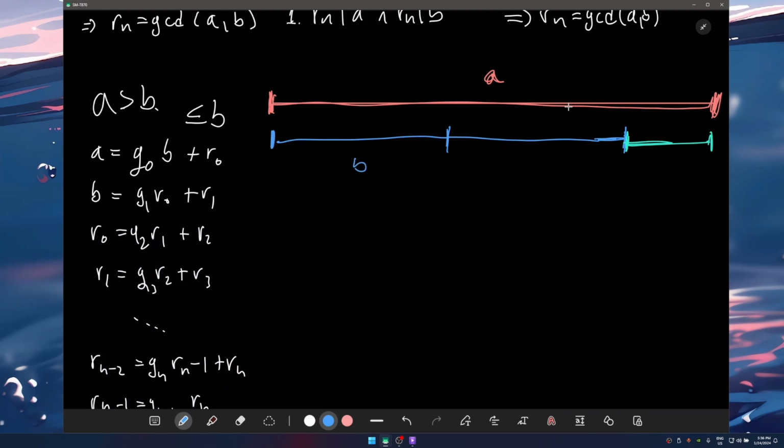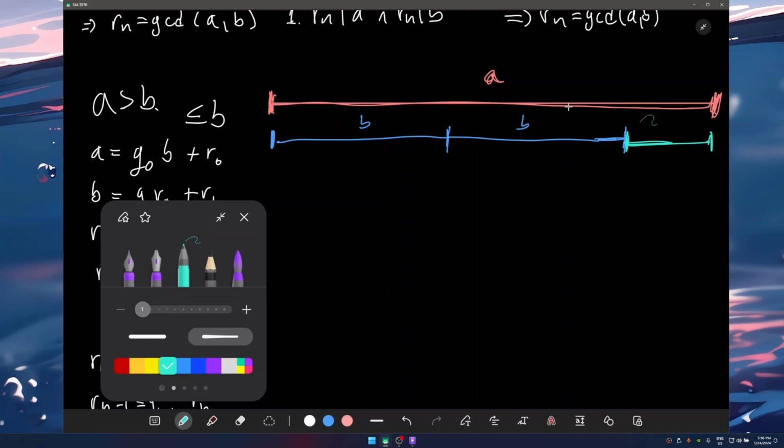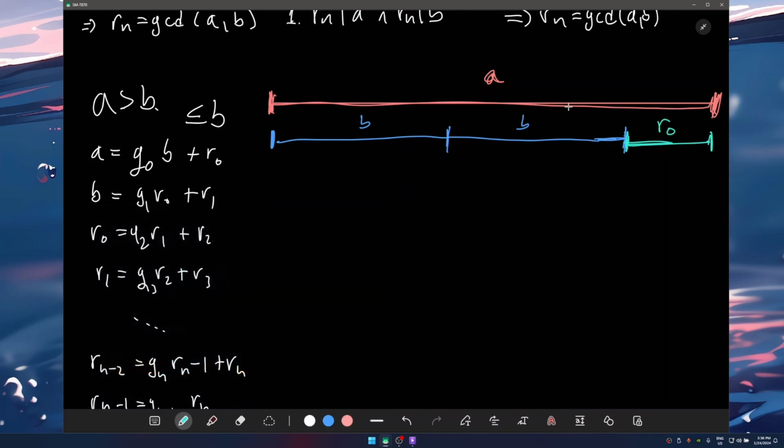And this is B, this is B, and then you have another small remainder. You have a remainder R0, in our case this is R0. And then, what do we know about the GCD? Okay, we know that the GCD should divide A, so let me take a white. So the GCD should divide A, so it should fit into A. Well, it should fit into B, right?